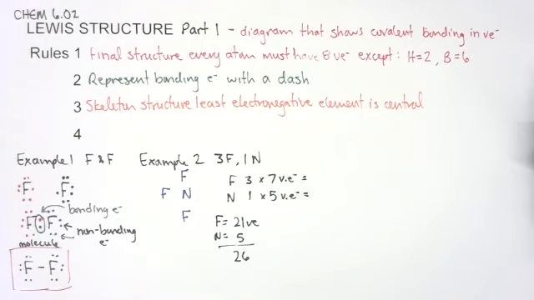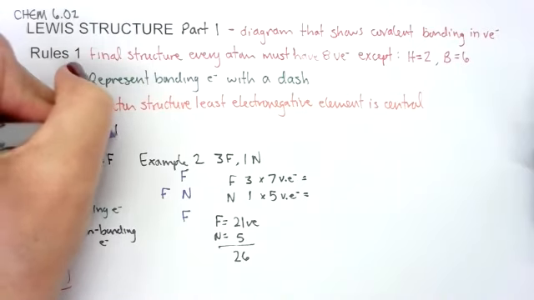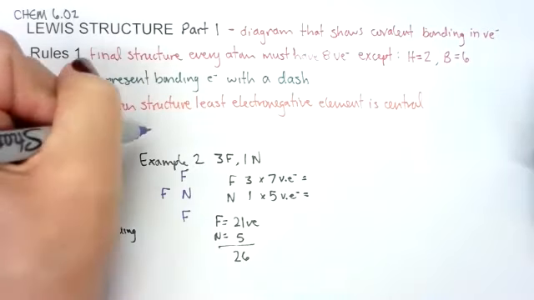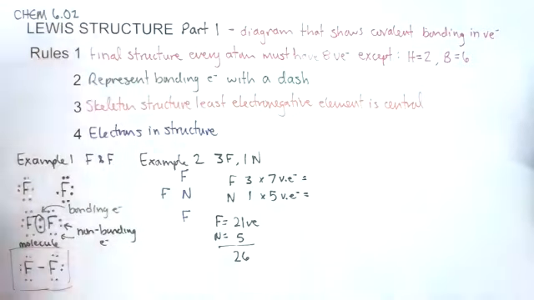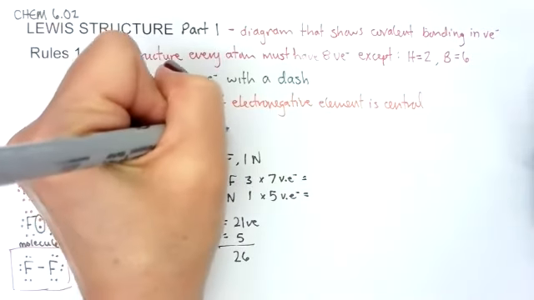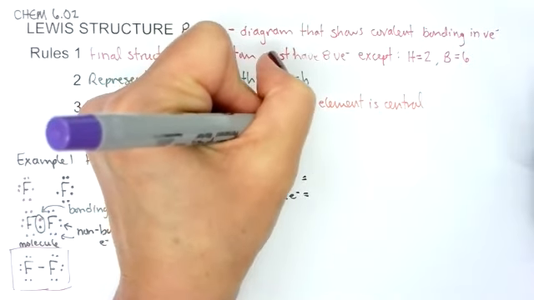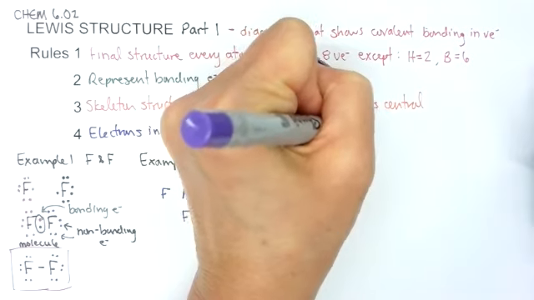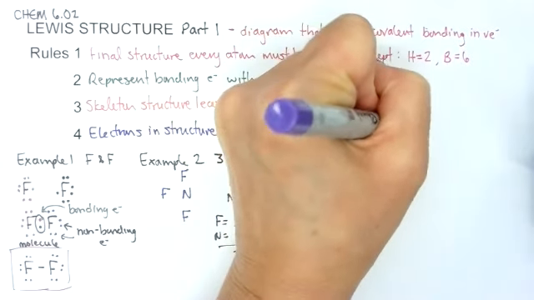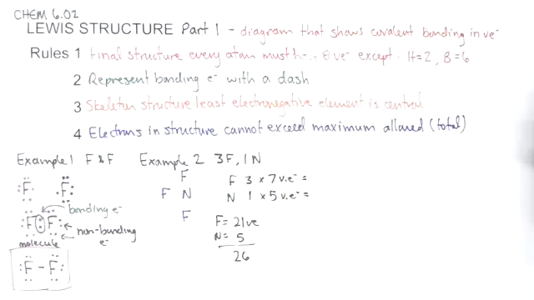So rule number 4 is that the electrons in your final structure cannot exceed your max allowed, the maximum allowed, which is your total for all your elements.